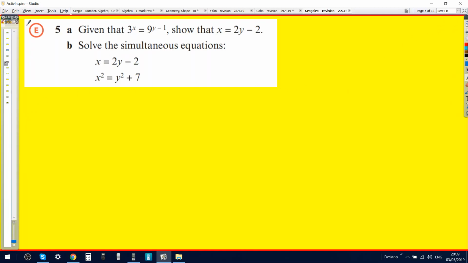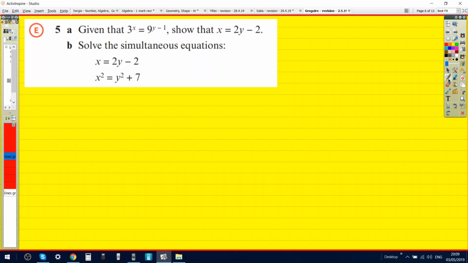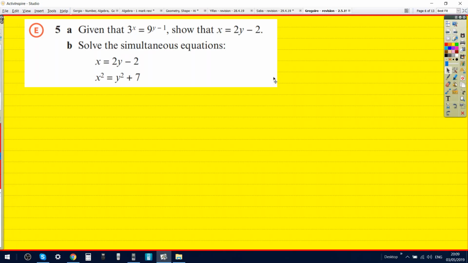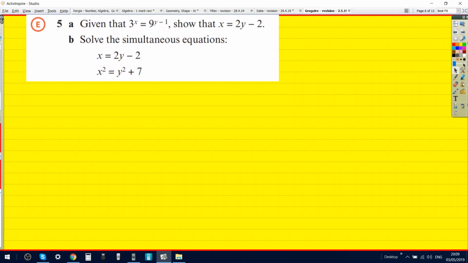Okay, how do we do part A? So 3 to the x equals 9 to the y minus 1. So we could get 3 to the x equals 3 to the 2 brackets y minus 1. 3 to the x equals 3 to the 2y minus 2.